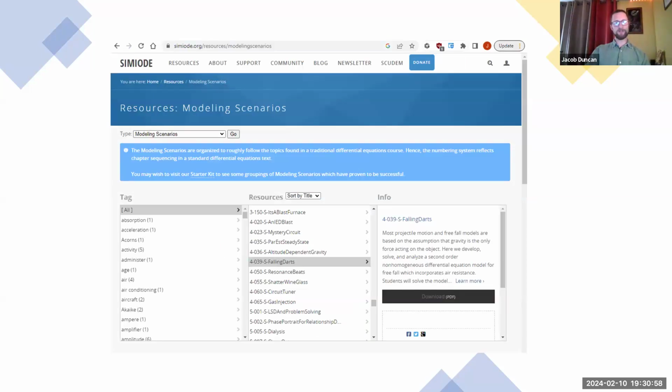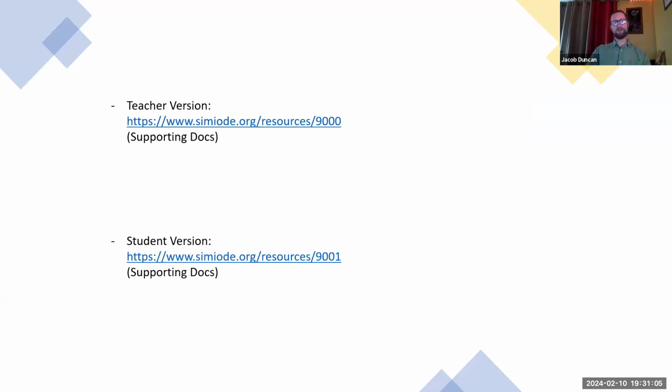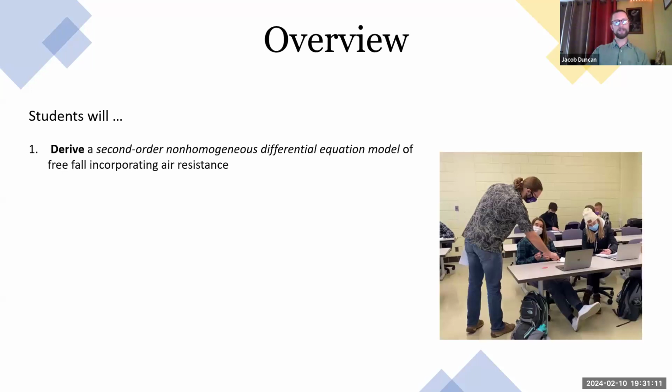The scenario specifically is 4-039S. It's called Falling Darts. Of course, there's a teacher version and a student version that you can look up on the SIMIODE site. So here's the overview. First of all, students are going to derive a second order nonhomogeneous model of free fall that incorporates air resistance.